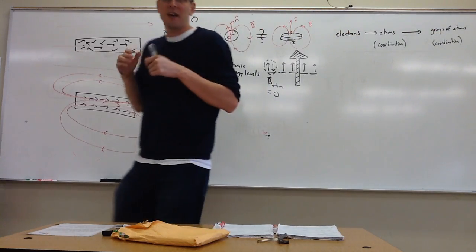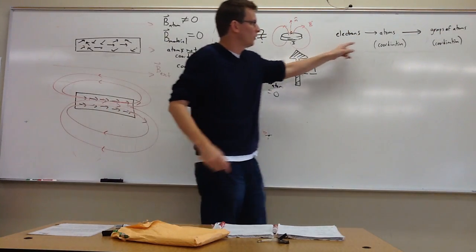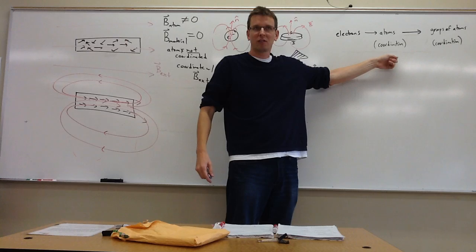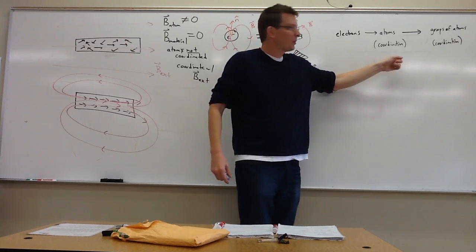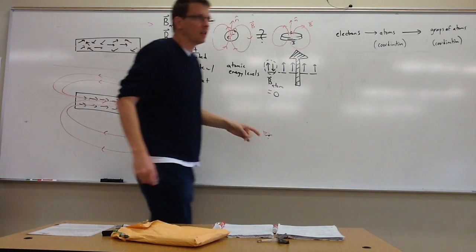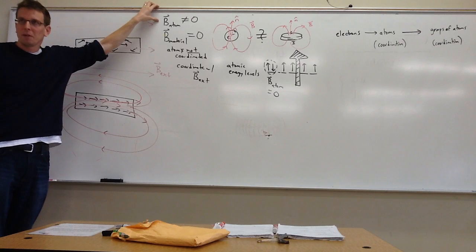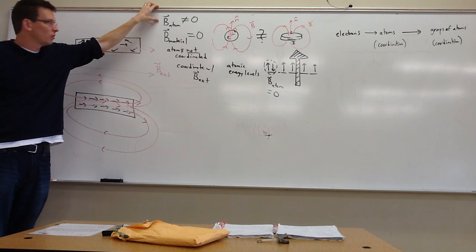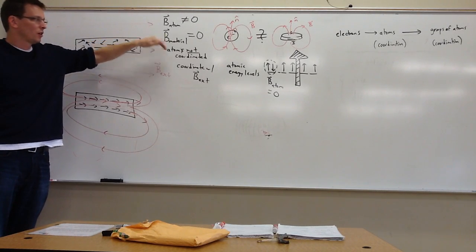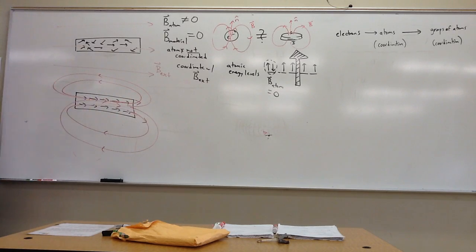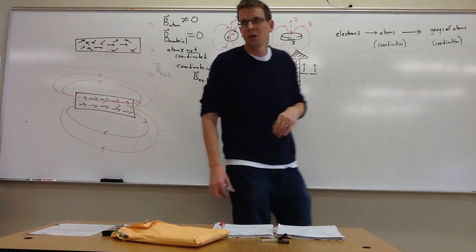We can either have it not even survive to the atomic level, where the electrons' fields will all cancel, but then even if we can get each individual atom to be a magnet, they may not coordinate, in which case you need to coordinate them. Okay? So, now we have a magnet.